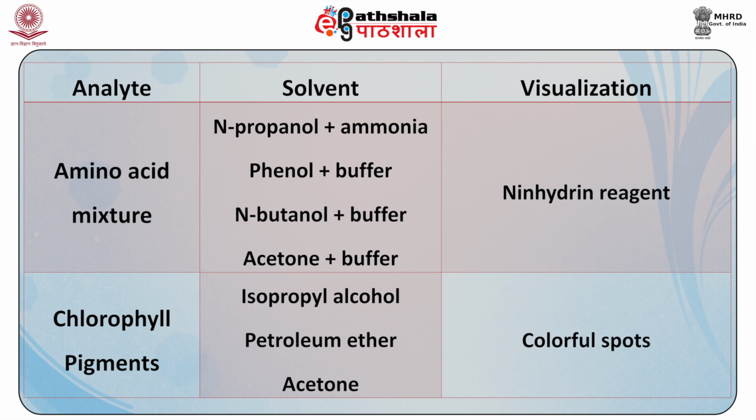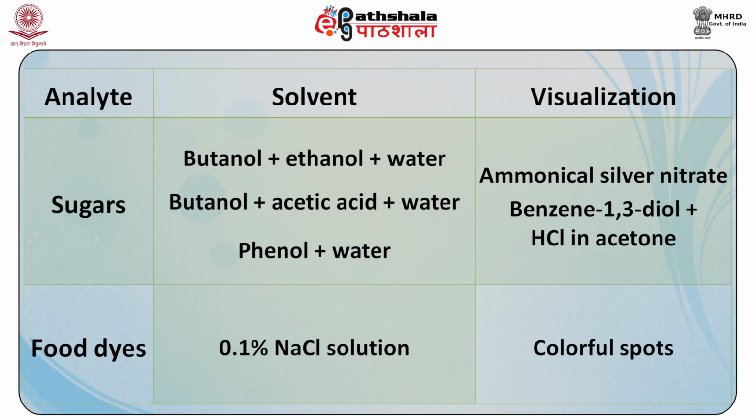Next is the chlorophyll pigments. The various solvents used for the separation of chlorophyll pigments are isopropyl alcohol, petroleum ether and acetone. And the visualization reagent will be their own colorful spots. Next are sugars.